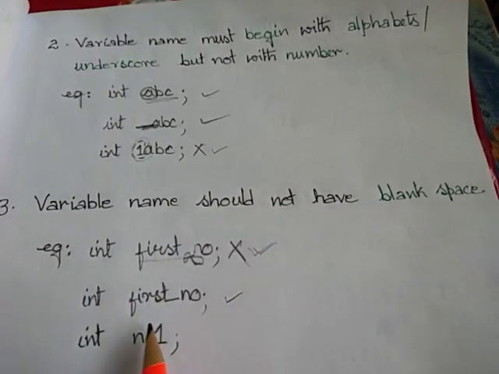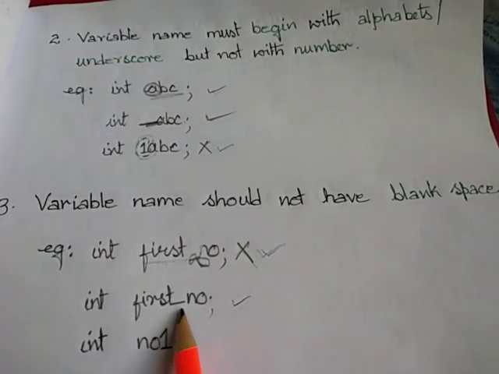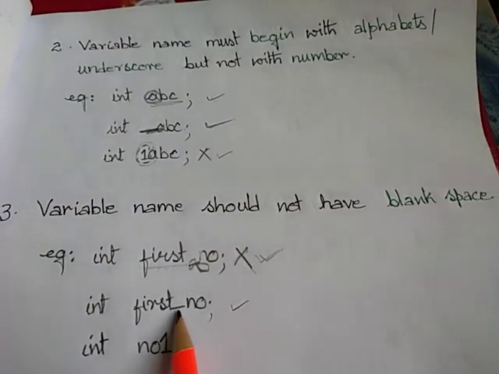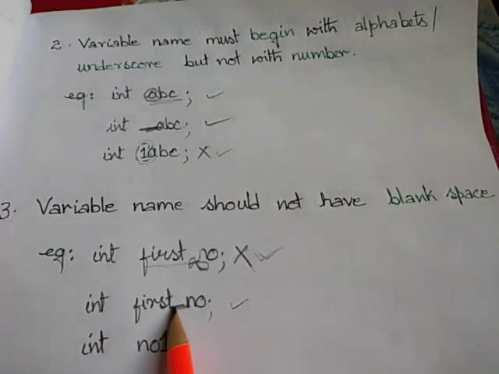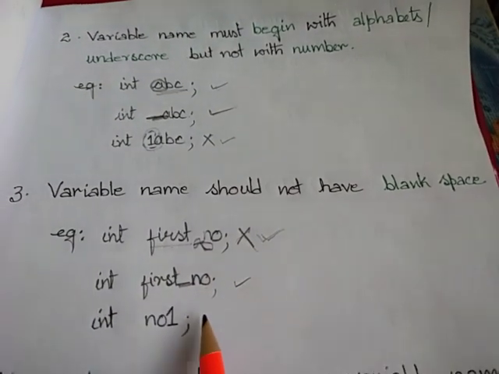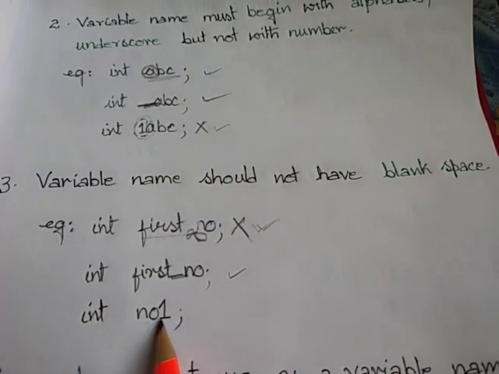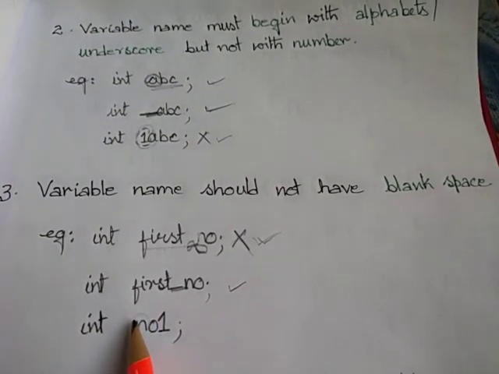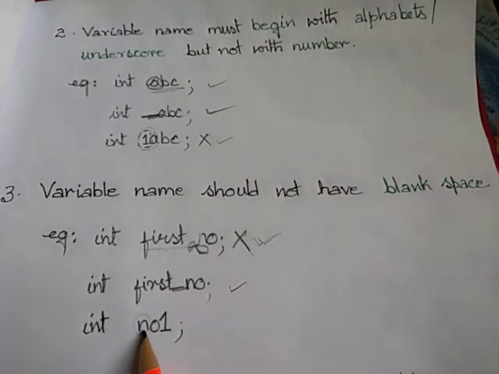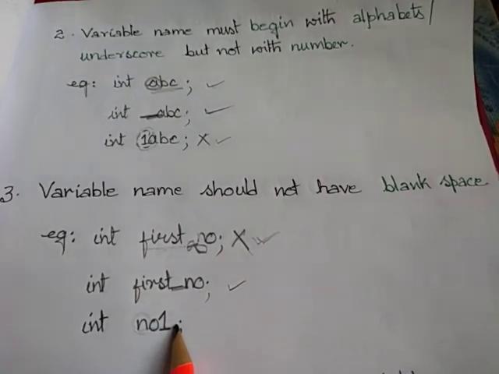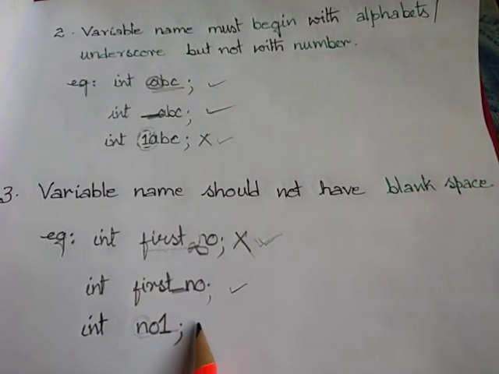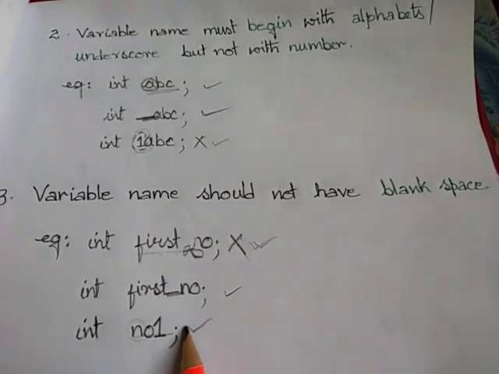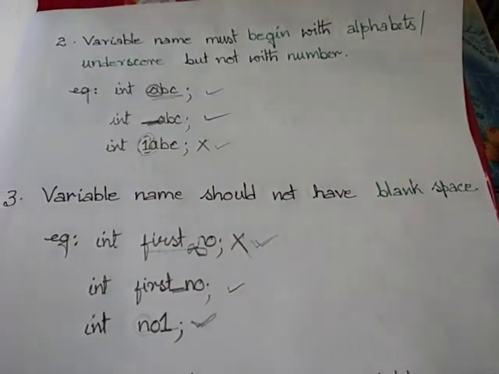Instead of this, you can write first underscore number. There is no blank space because I'm using an underscore. Otherwise, you can write NO1. It starts with a letter, or an alphabet, and there is no special character and no blank space. So this name is allowed, it is legal.